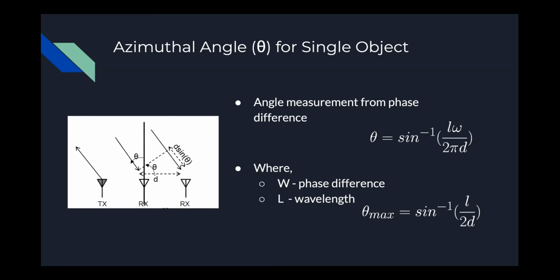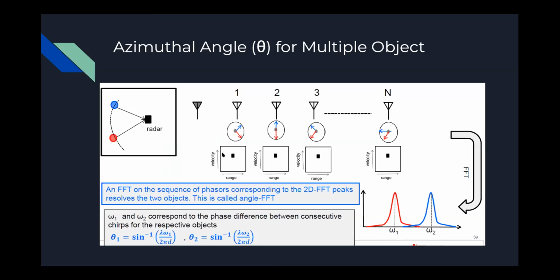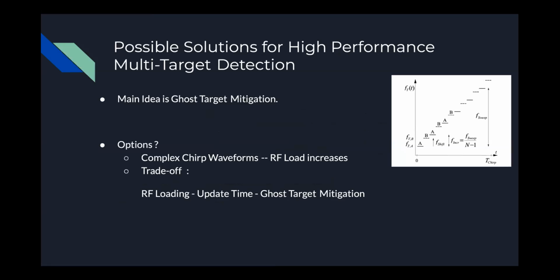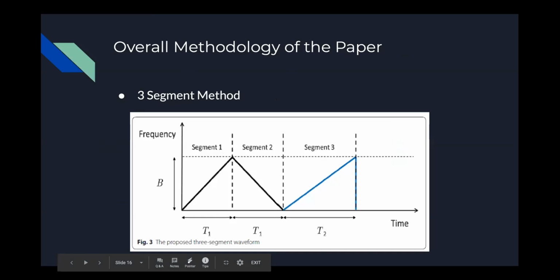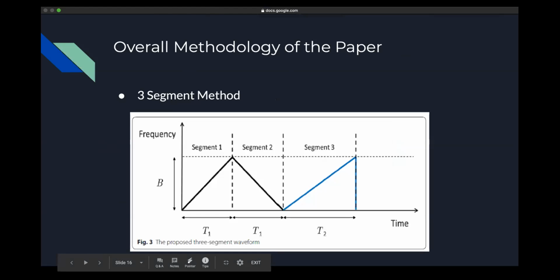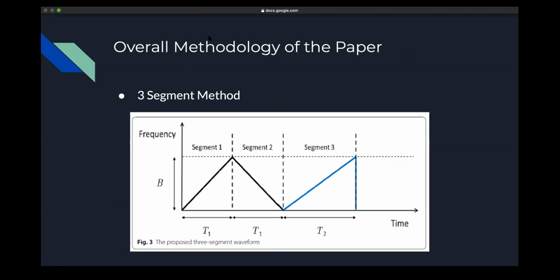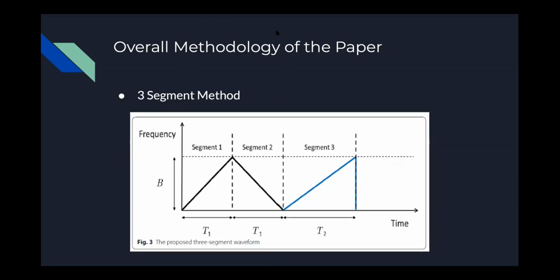This is for angle measurement, azimuthal angle measurement. These are some of the trade-offs: we need to reduce RF overloading, update time, and ghost target mitigation. There was a 3-segment method proposed, but as ma'am said, it is best to stick with the typical 3D FFT and 2D FFT approach.